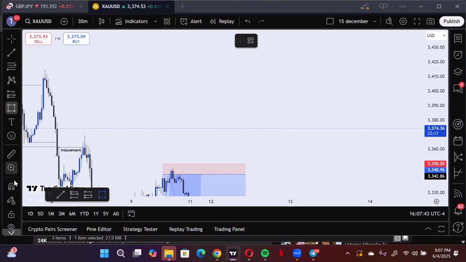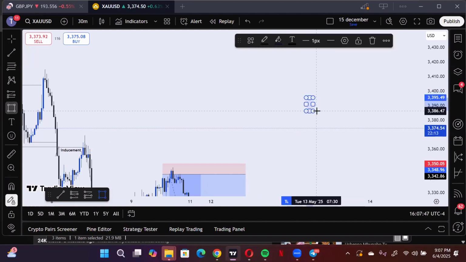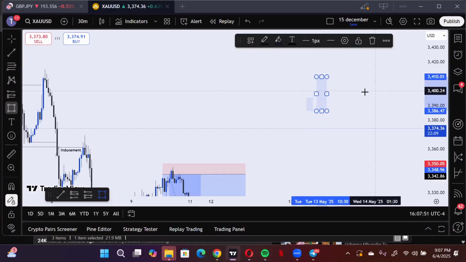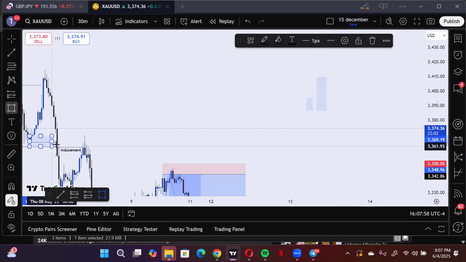You will see a bearish candle, then you see a bullish candle engulf it. This is how a bullish order block looks. You see a bearish candle, then a bullish candle engulfs it. This is a bullish order block, and this is also a bullish order block. So that is what an order block is.